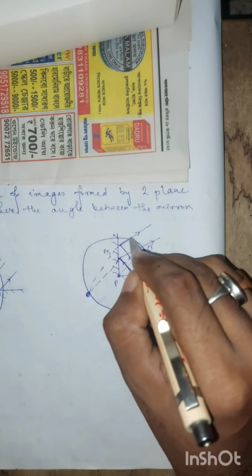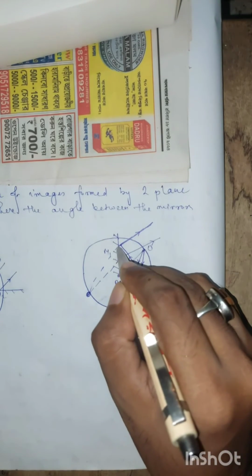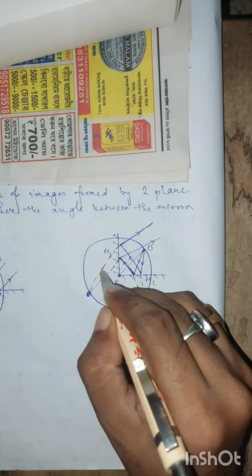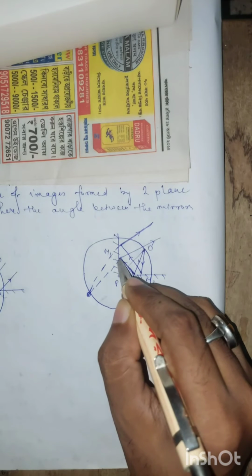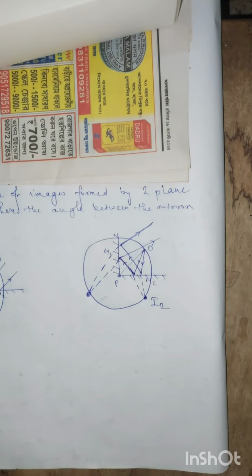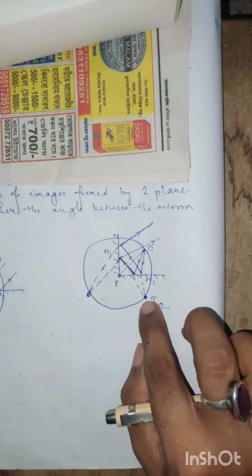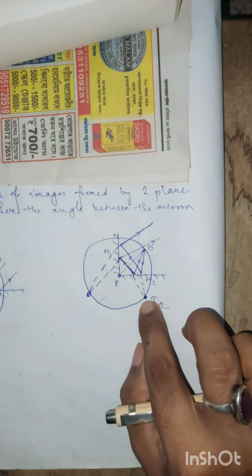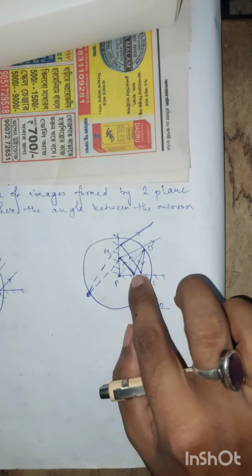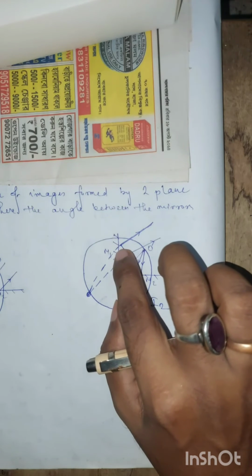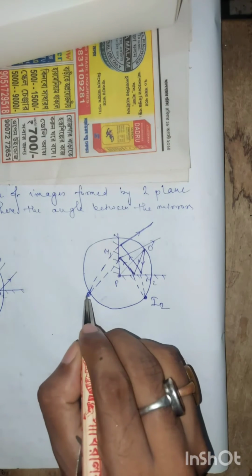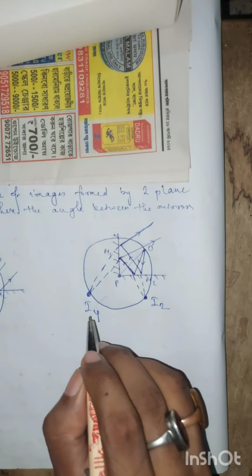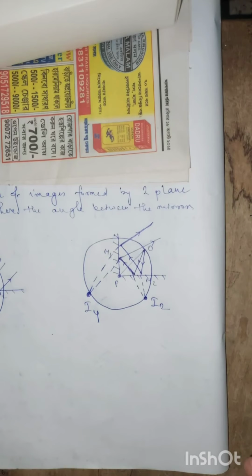Okay, I am drawing freehand, that is why the diagram is not that perfect, but you can understand it. Okay, so this is our object now, virtual object. The light rays coming out of it are getting reflected by mirror 1, and when we drag this, they come backwards and meet at a point which is I4, image 4.